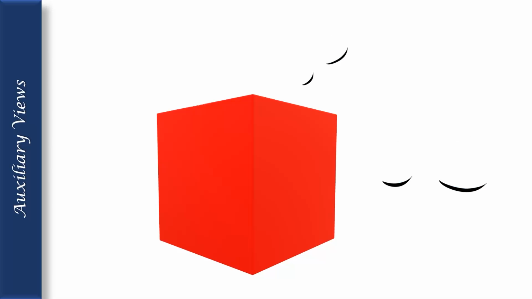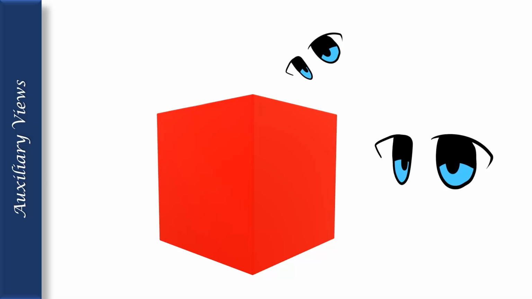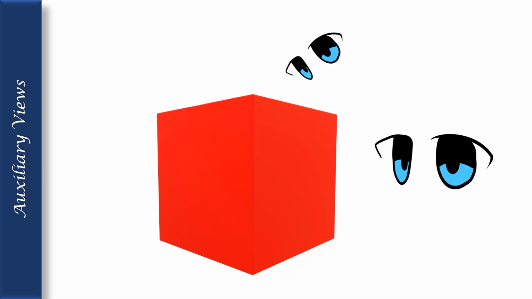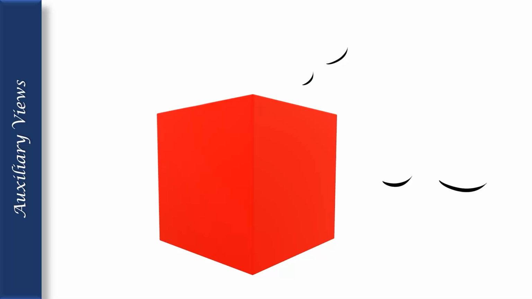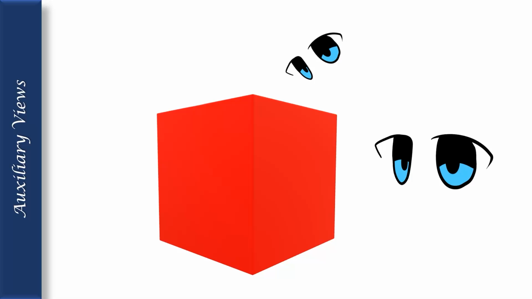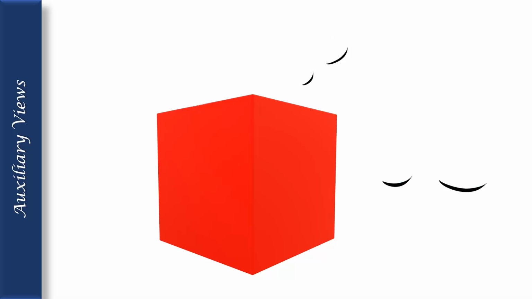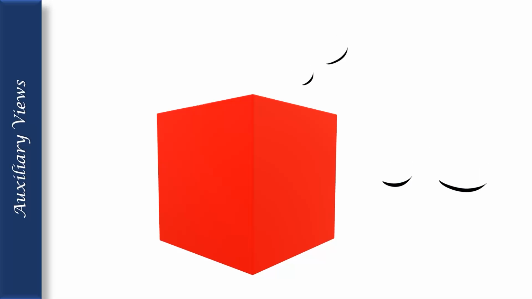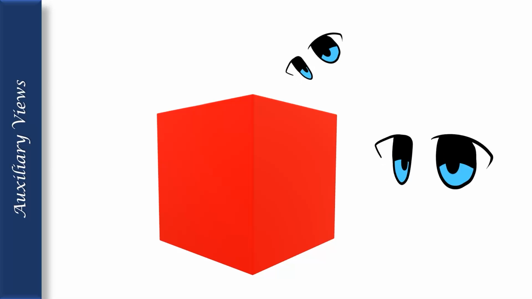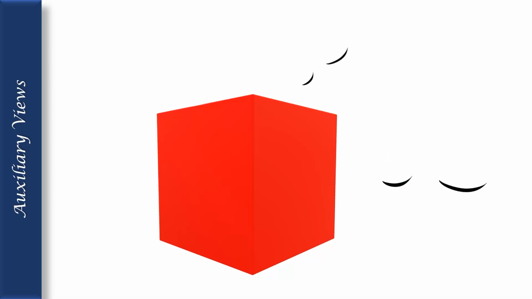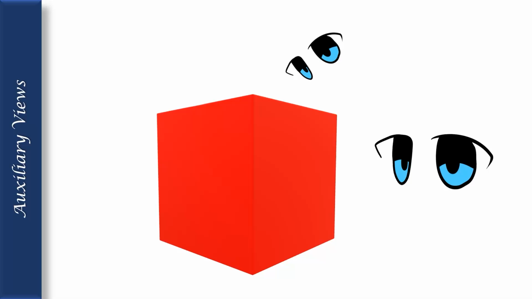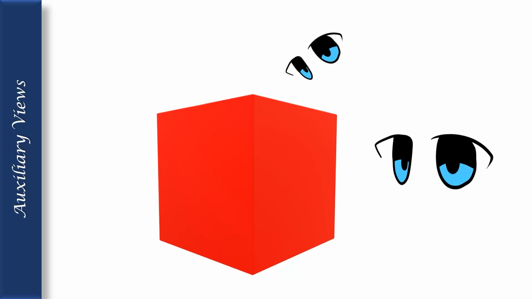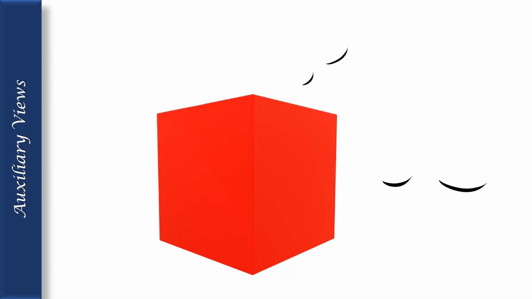When I see from the top, how it could look like, and if I see from the front, how it could look like. If I see from the front, the object will look like this. If I see from the top, the object will look like this. Got it?